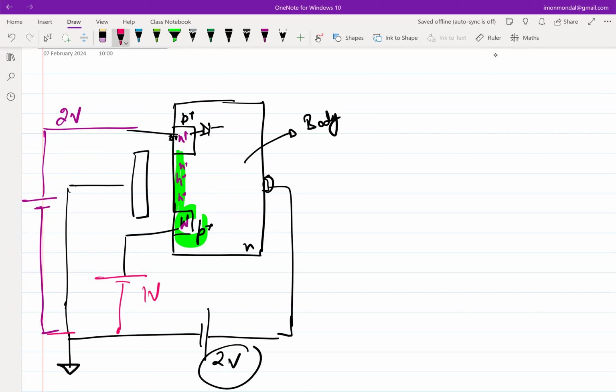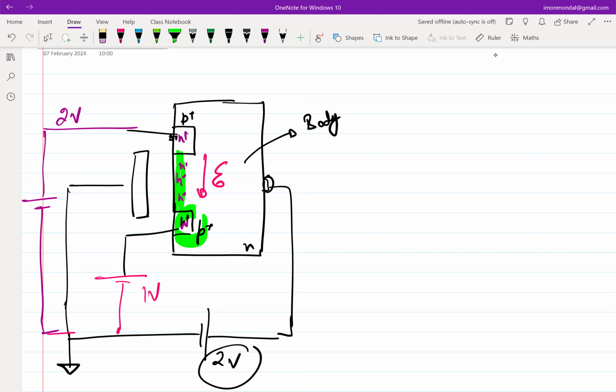Naturally you see there will be an electric field, and the holes move in the direction of the electric field. If the holes move in the direction of the electric field, I can get a current. Again, this current will be dependent upon the holes in the channel, and the holes in the channel are being controlled by the third terminal. So that is essentially the working of these types of devices, right?